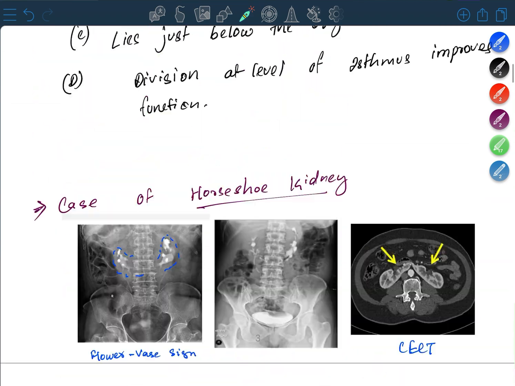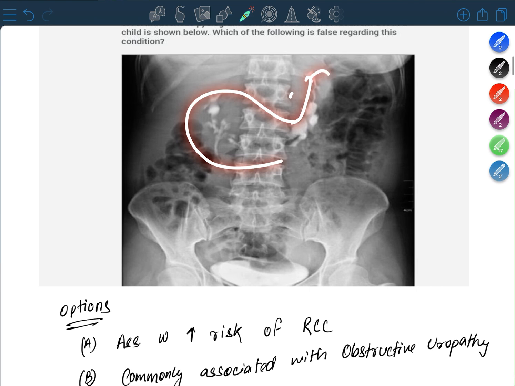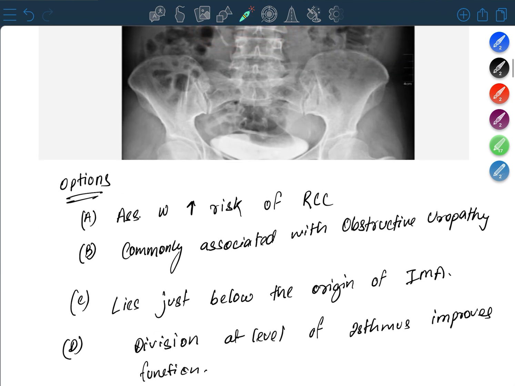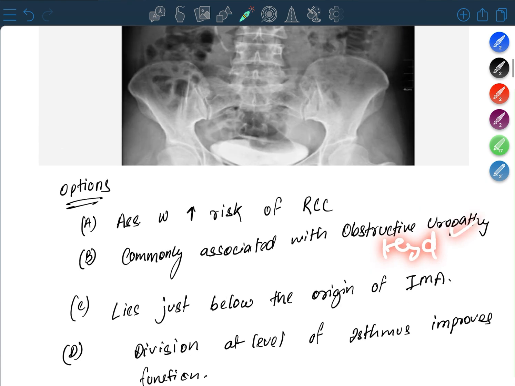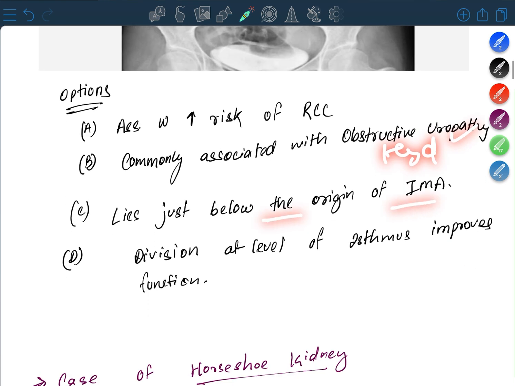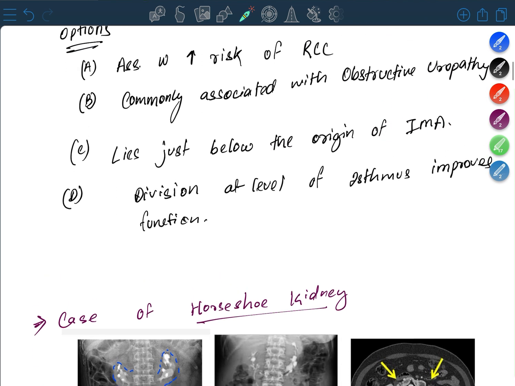So let us move ahead and see the options. So this, I know, flower vase sign in horseshoe kidney. Associated with increased risk of RCC, done. Commonly associated with obstructive uropathy, done, hydronephrosis, obstruction is observed. Lies just below the origin of IMA. Yes, this is also correct. The ascent is prevented by IMA. And the division at level of isthmus improves function? No, bro, this is absolutely wrong.